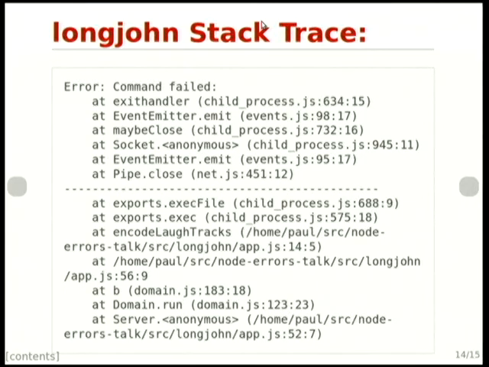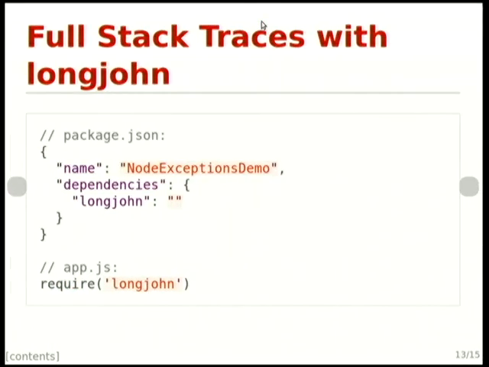So we've got our encode laugh tracks method here, the request handling block, and all of the information that we need to see where this exception really came from, what the context for it was. There are some configuration parameters that you can use for longjohn, but I'm not really going to go into them now. They're pretty simple. If you're interested, you can look it up on GitHub. It's a library by Matt Ensler.